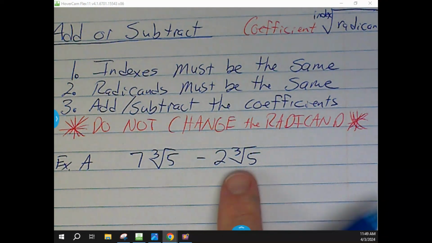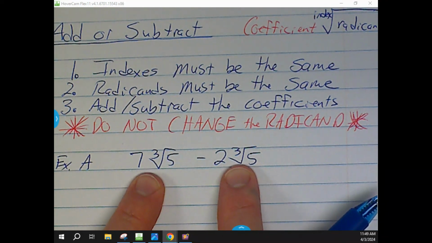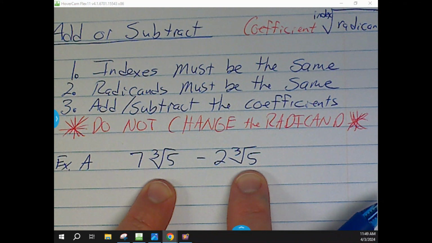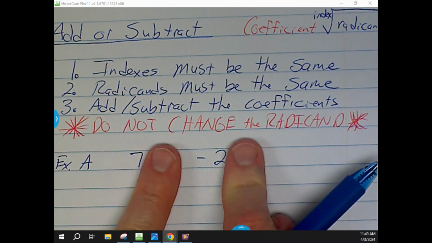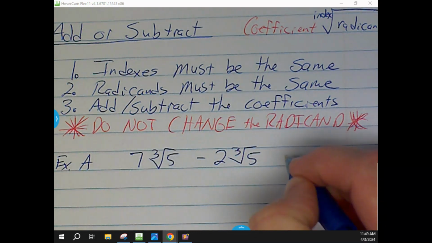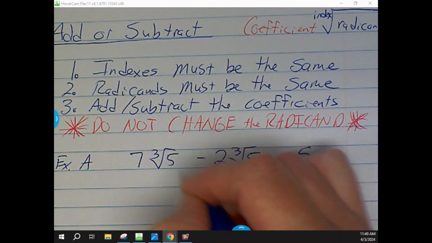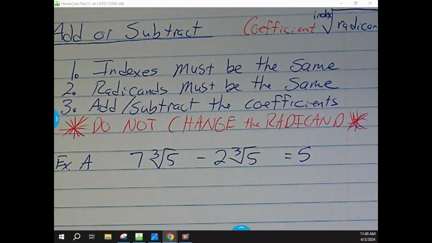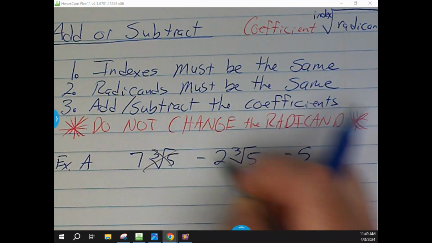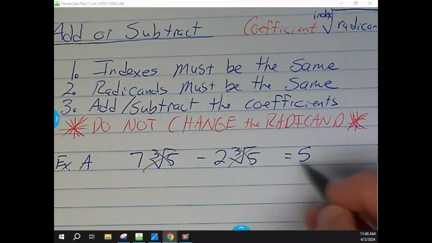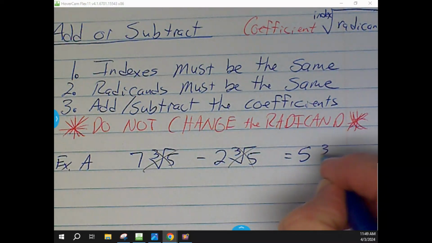Okay, again, index is the same because we've got index 3 on both of these. Radicands are both 5. So at that point, if those things are the same, you just cover those two things up. You're just going to do 7 minus 2, which is 5. And you can almost think about these as being like a giant x for each variable there. That's like 5x, but instead of x, it's the third root of 5.